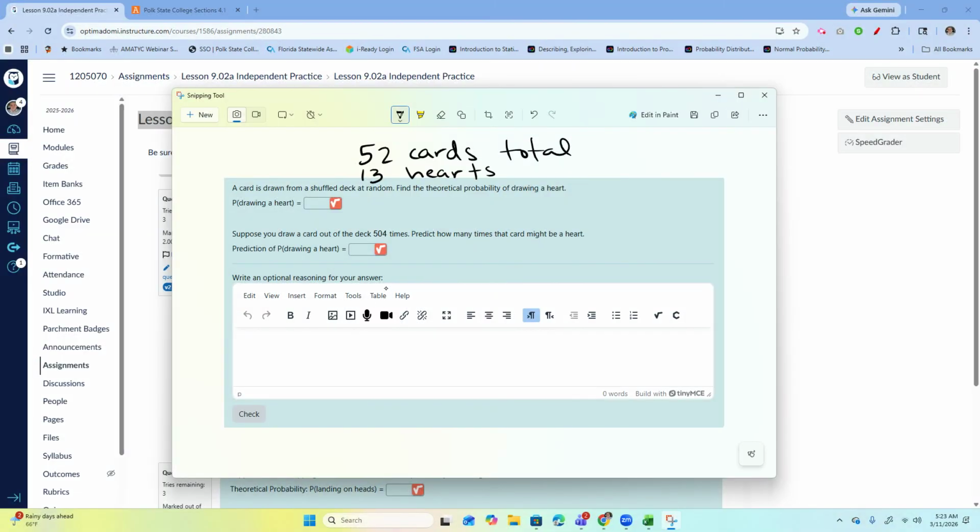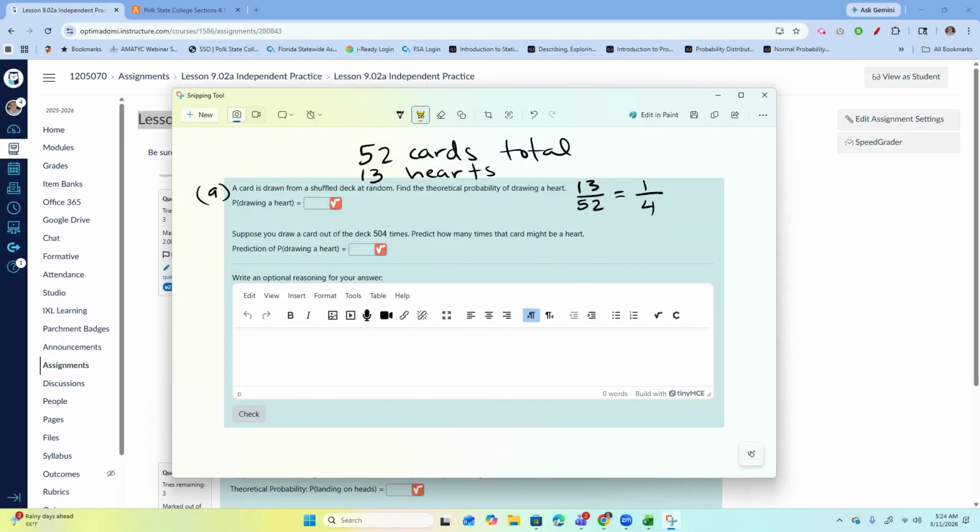So the theoretical probability of drawing a heart will be 13 out of 52. But if you use the calculator, it's going to come out to be 1 out of 4. So that's this first question here.